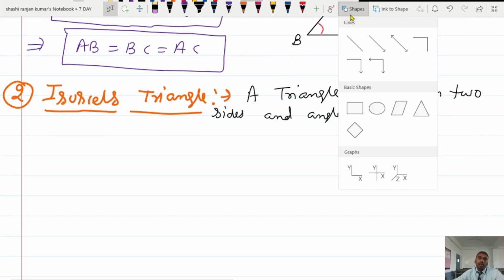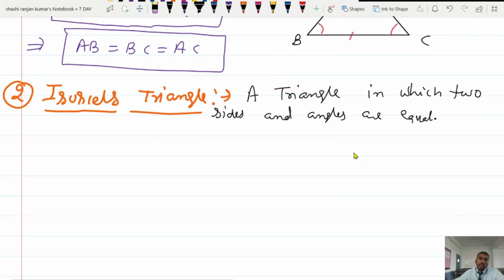So let us make a diagram here. This is the point A, this is the point B, and this is the point C. Now see in this diagram, these sides we have taken as the same, and the angles opposite to the equal sides will also be equal.